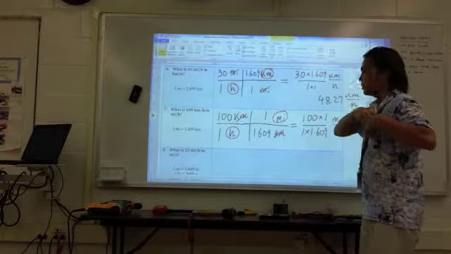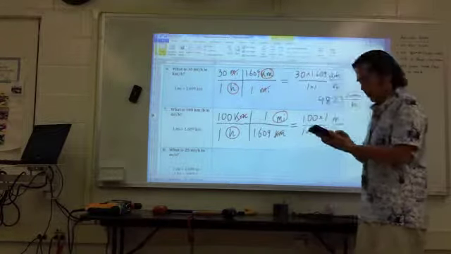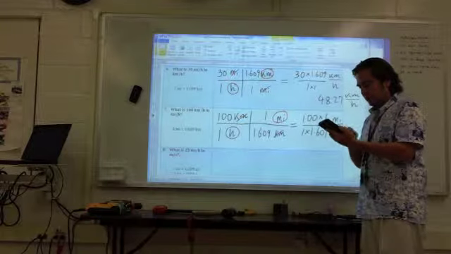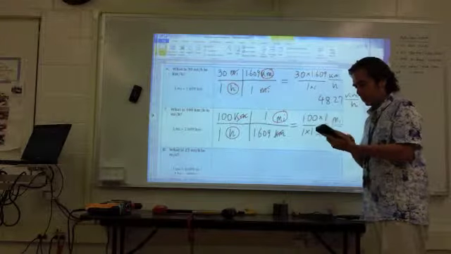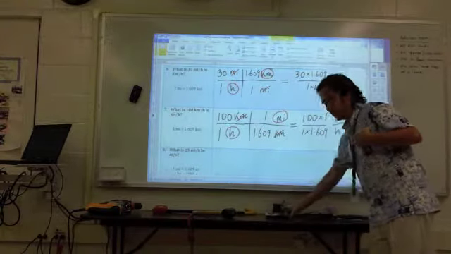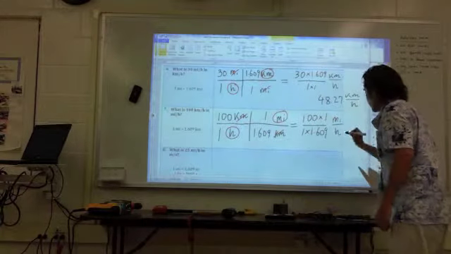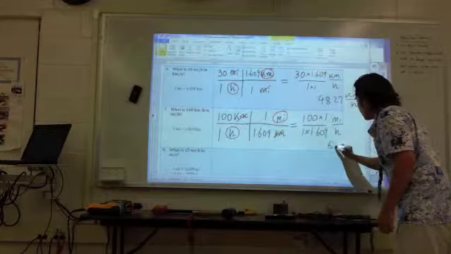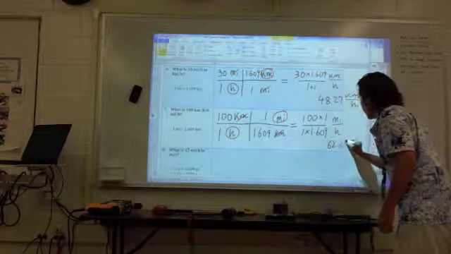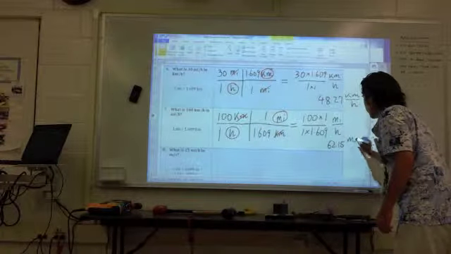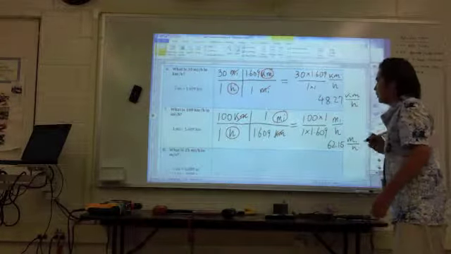Final step, use a calculator to simplify. Divided by 1.609, I get 62.15. 62.15 miles per hour. Okay?